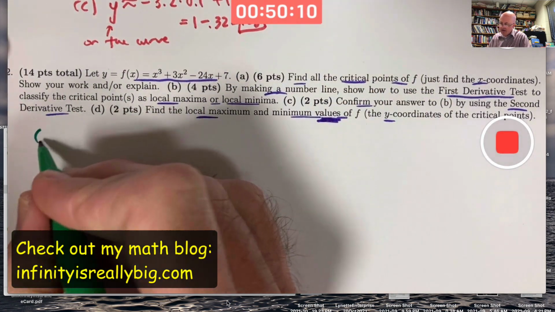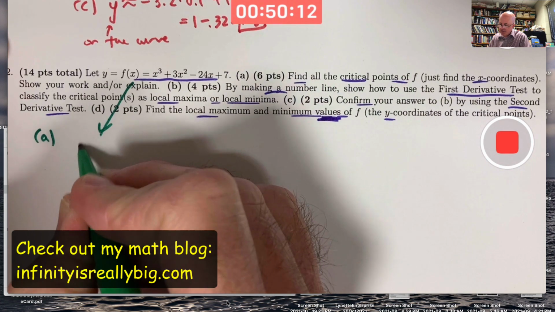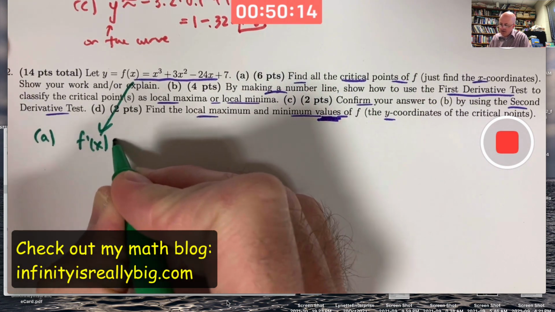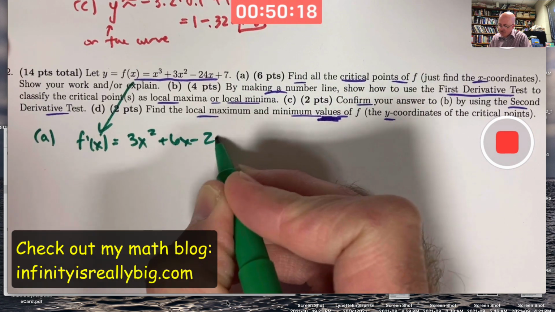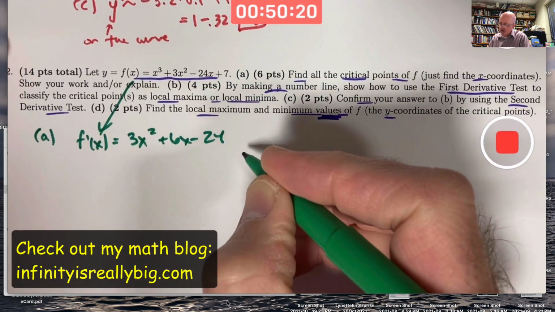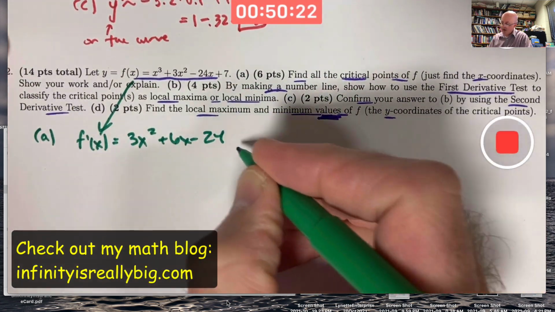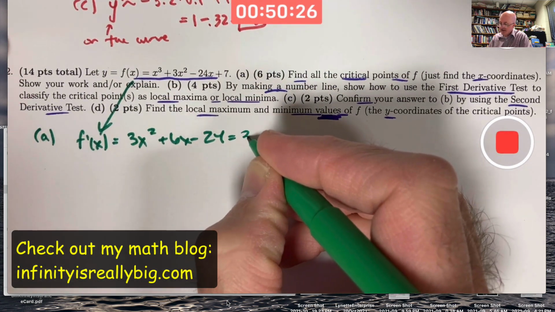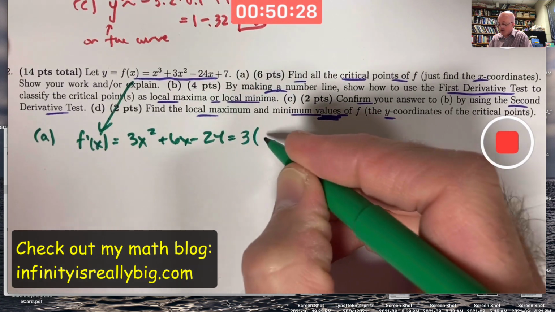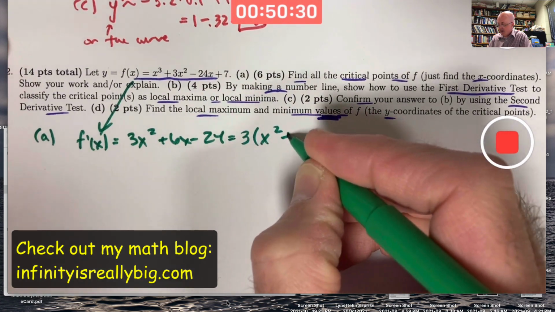So, pretty standard kind of thing to do here. Take the derivative: 3x squared plus 6x minus 24. I want to set the derivative equal to 0 and solve for x. I can use the quadratic formula right away or try to factor it. It does work out nicely to factor out a 3 here right away.